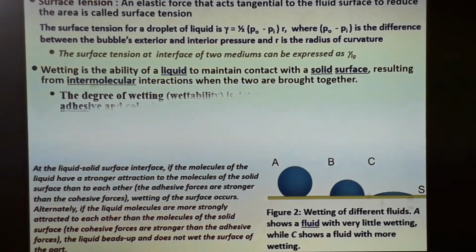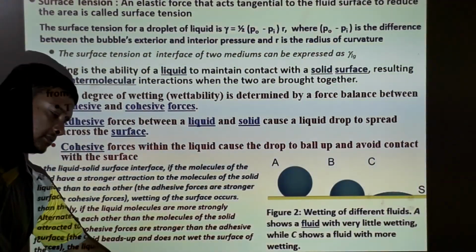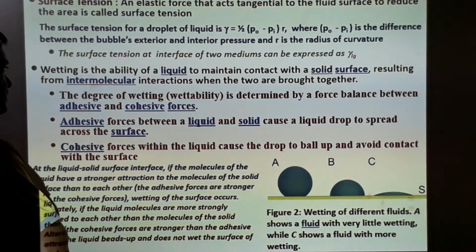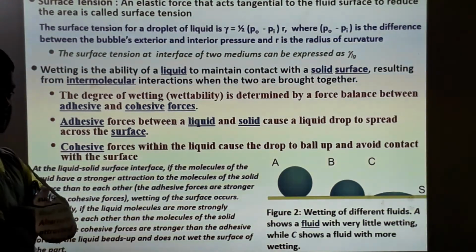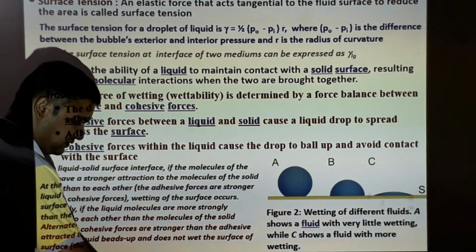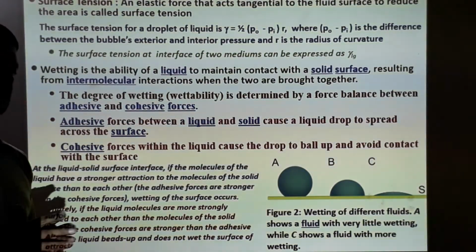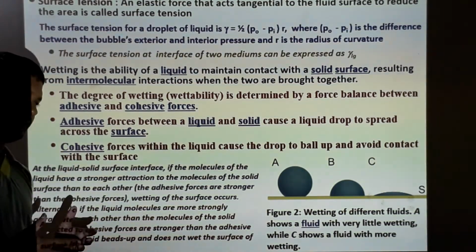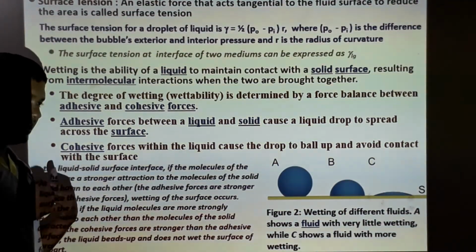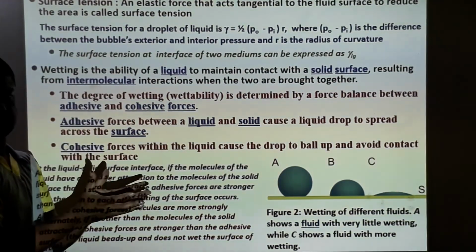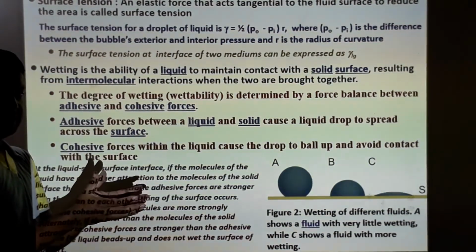Now what makes PT work? Here we need to know about the physical principles of surface tension. What is surface tension, and how does it affect penetrant testing, we will now discuss. Surface tension is something like this: when you make a balloon by giving air inside, it takes a rounded, circular shape.